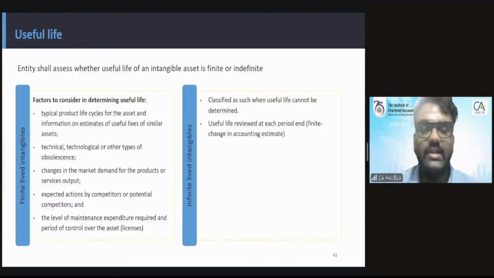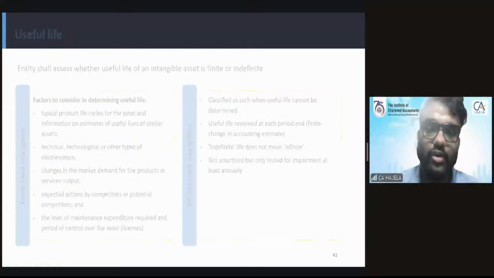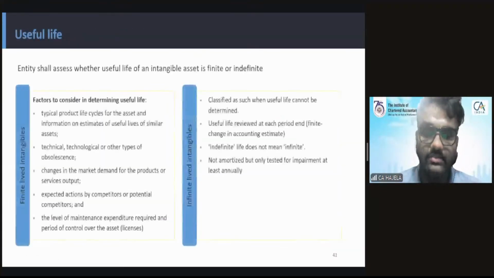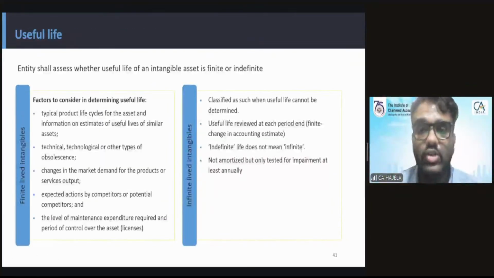If there is no fixed life, in that case they are just looked at for any impairment study. तो वो impairment करते हैं. And indefinite does not mean infinite, which is very correct. It's not infinite, but you can't definitely say it's 4 years, 5 years, or 10 years. So वो amortize नहीं होता है. It is only tested for impairment annually.